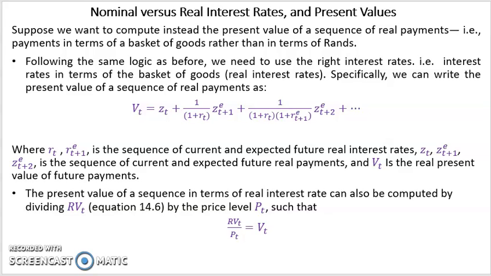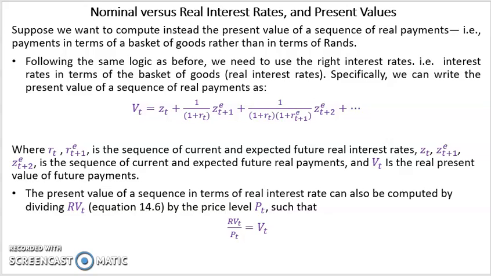So far we have computed the present value of a sequence of rand payments using the nominal interest rate. That is the interest rate in terms of rand. We've specifically written our present discounted value in terms of equation 14.6, which shows the nominal interest rate. But now suppose we want to compute instead the present value of a sequence of real payments.